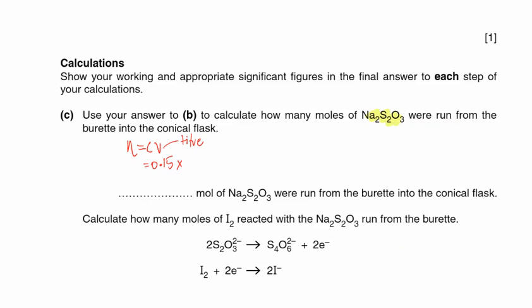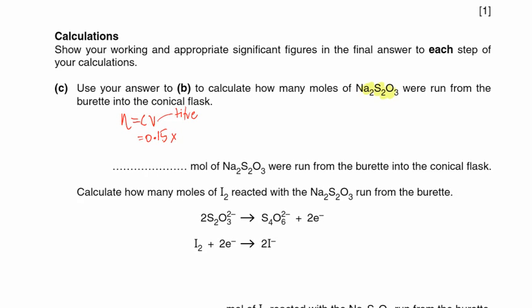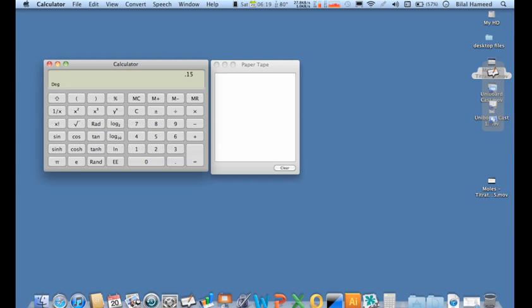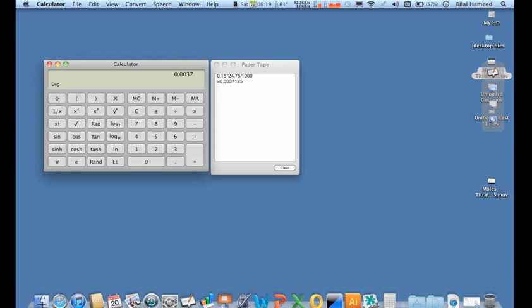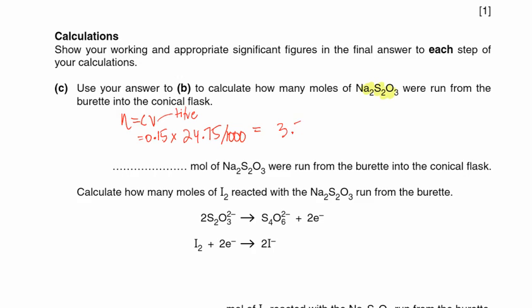So let's use that. 24.75 over 1000, and we get an answer. Let's find that out. So 0.15 into 24.75 divided by 1000. I get 0.003712 or 3.7125 into 10 to the power minus 3.